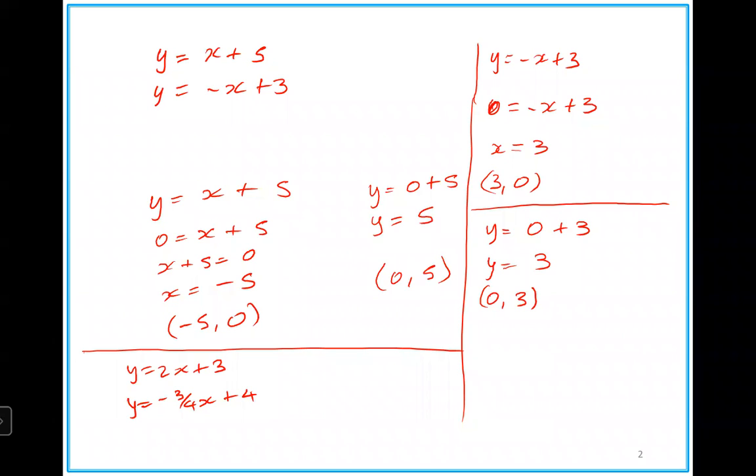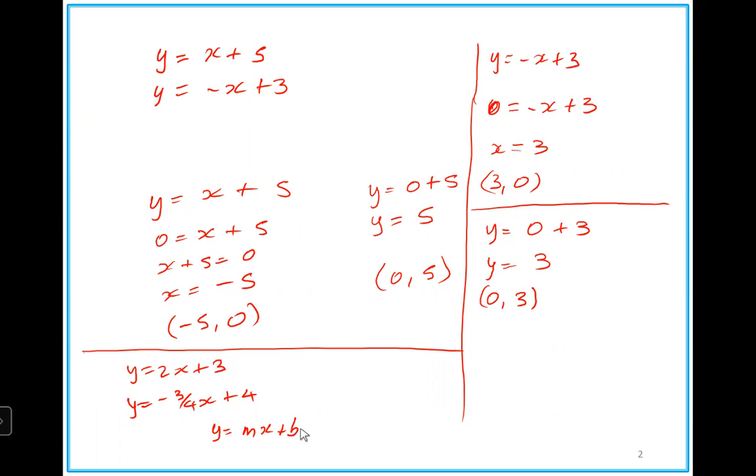So in your book, on page 386, you will see the formula y equals mx plus b, and that is the slope-intercept form of an equation.